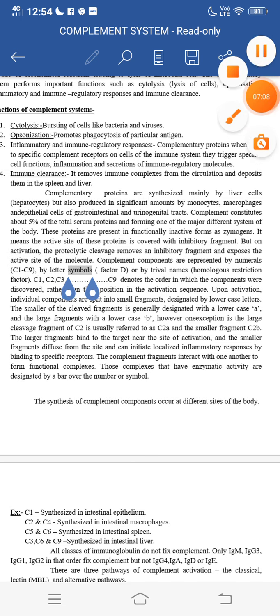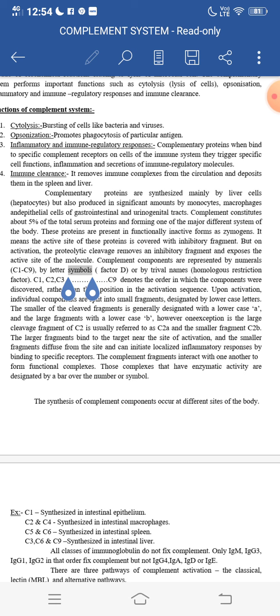These proteins are present in functionally inactive forms as zymogens. It means the active site of these proteins is covered with an inhibitory fragment.